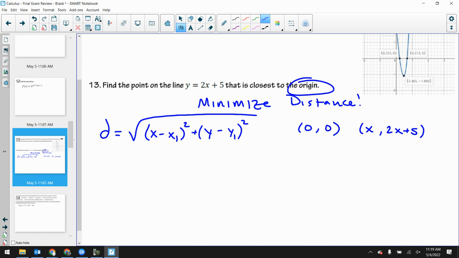Where did I get that 2x plus 5? Well, y is equivalent to 2x plus 5. So (x, 2x plus 5). All right, so let's plug it in. I plugged in x minus 0 squared plus 2x plus 5 minus 0 squared.